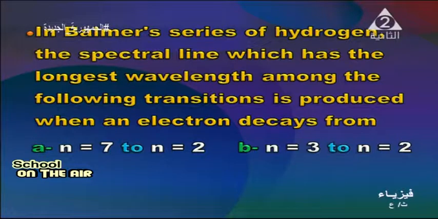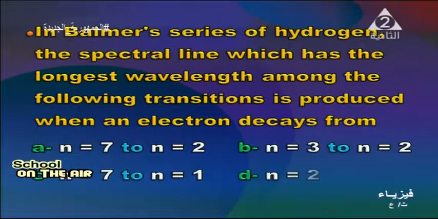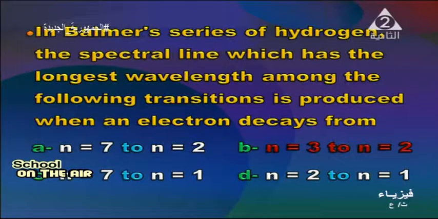Okay, first choice, from N equals 7 to N equals 2, N equals 3 to N equals 2, N equals 7 to N equals 1, N equals 2 to N equals 1. The last one is wrong, of course. We want the longest wavelength, so we want the smallest gap, the smallest energy. It must be from N equals 3 to N equals 2.